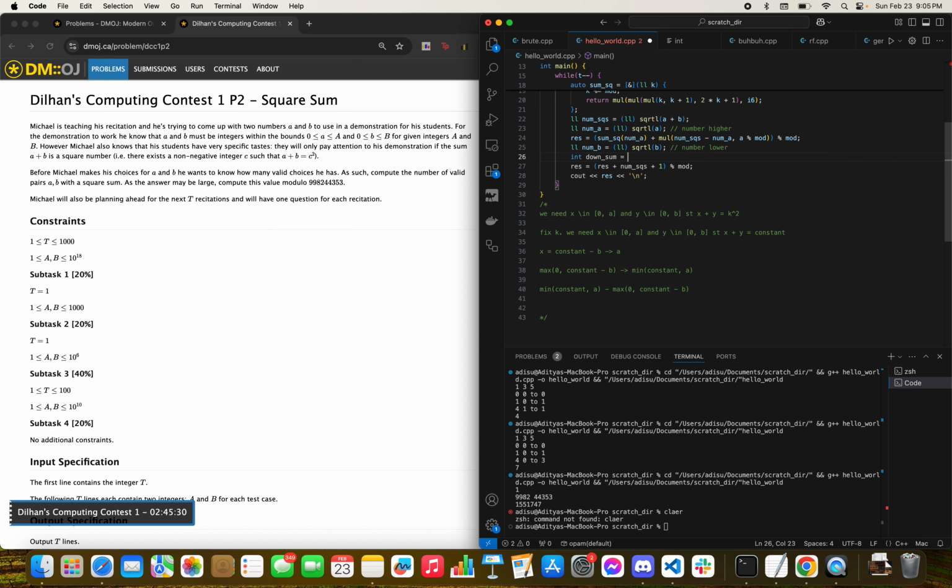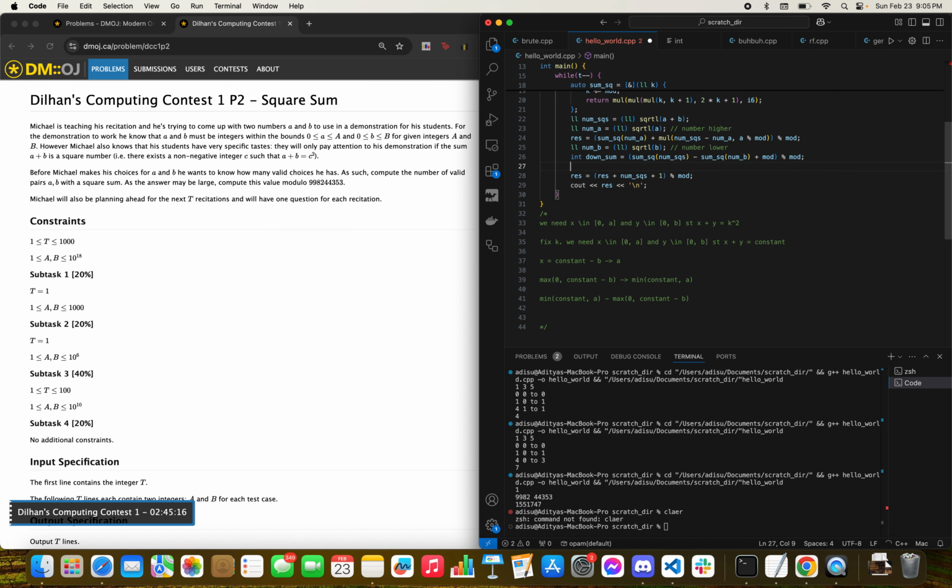int down sum equal sum sq num sqs minus sum sq num b, right? Because, yeah, it's like that. Down sum equals down sum minus, so it's a number of these, right?